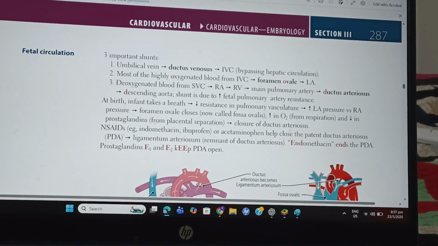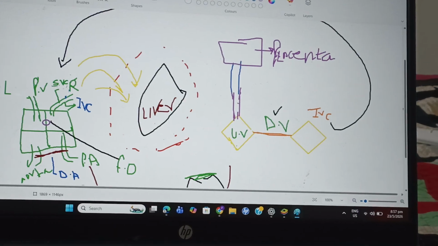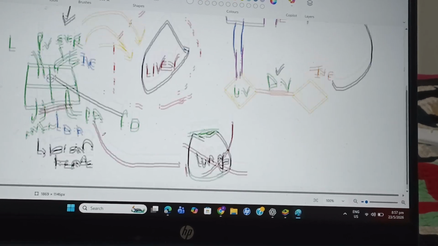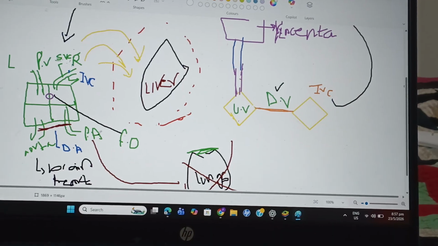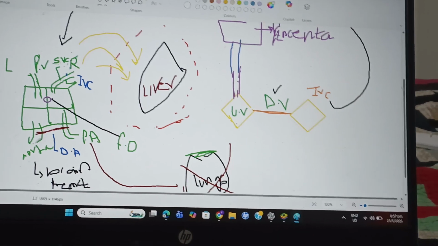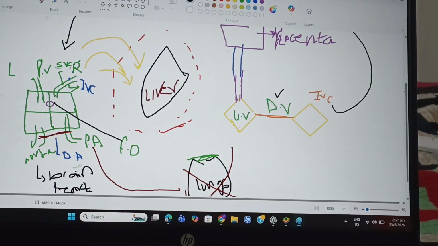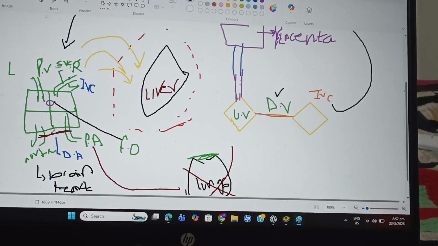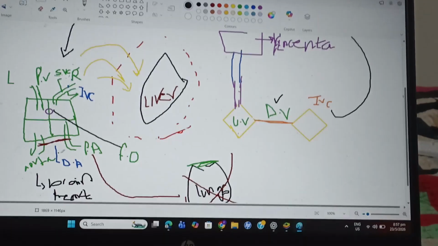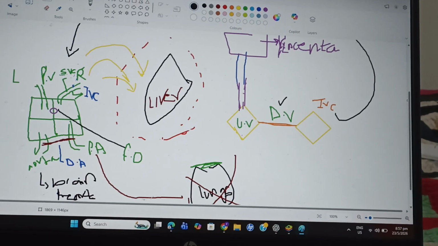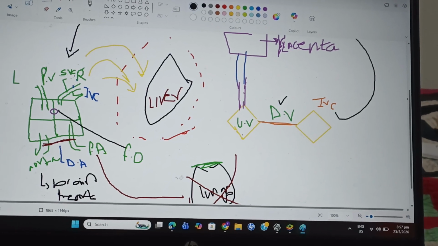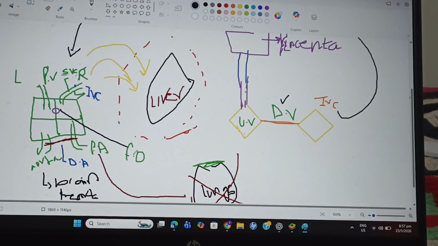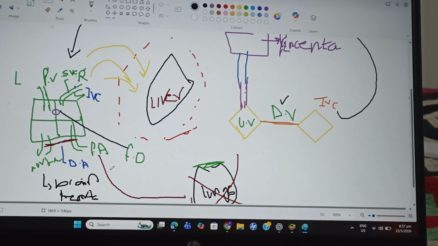And this ductus arteriosus, you remember the ductus arteriosus? The ductus arteriosus is here. It connects the pulmonary artery to the aorta. This ductus arteriosus will close just because prostaglandin got low, because the placenta was detached from mother and baby.